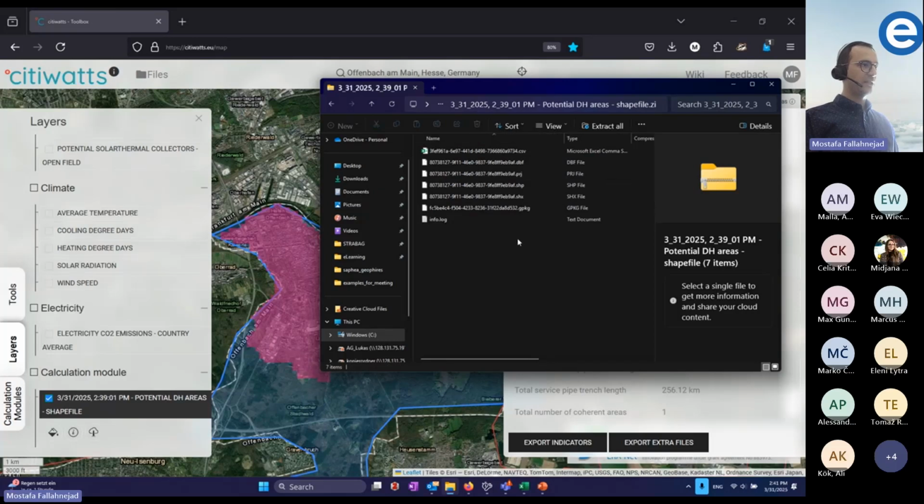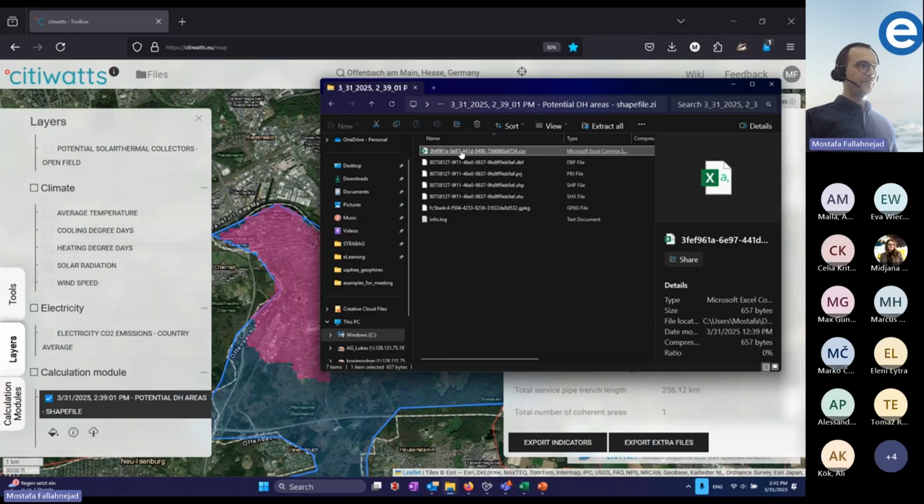There are still two other zip files. One is a shapefile for the extent of these regions. If you want to work with it independent of the platform, you can use this shapefile or GeoPackage file. It provides these magenta regions, and also an additional CSV file, which provides the attribute table of the shapefile or GeoPackage file.